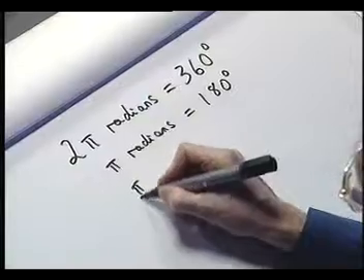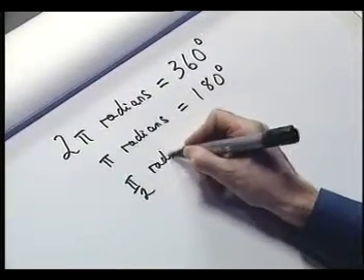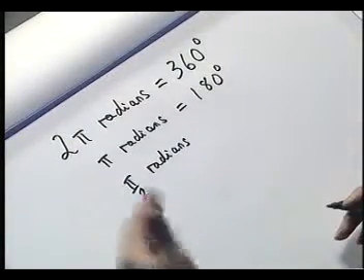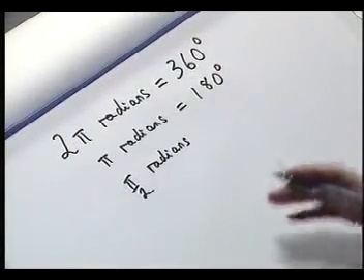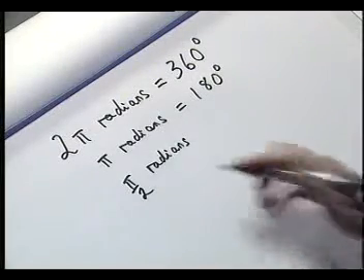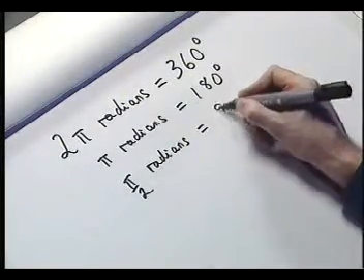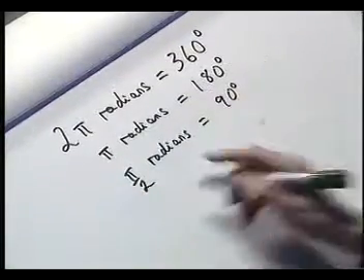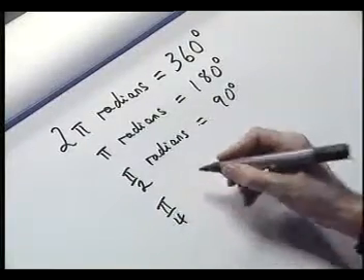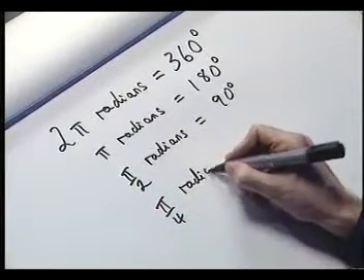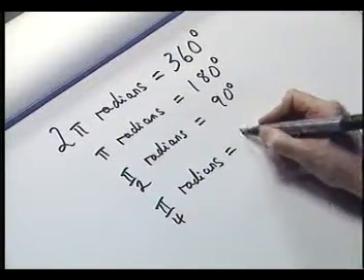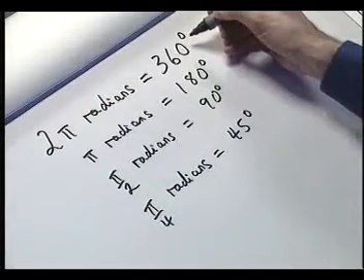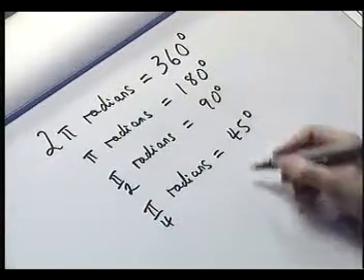If we divide by 2 again, pi by 2 radians, notice the way I said that, pi by 2, not pi divided by 2, but pi by 2. It's a shorthand. So pi by 2 radians is 90 degrees, and that's an important one because that's a right angle. Pi by 4, dividing by 2 again, pi by 4 radians is 45 degrees. So these are the important angles, so to speak.